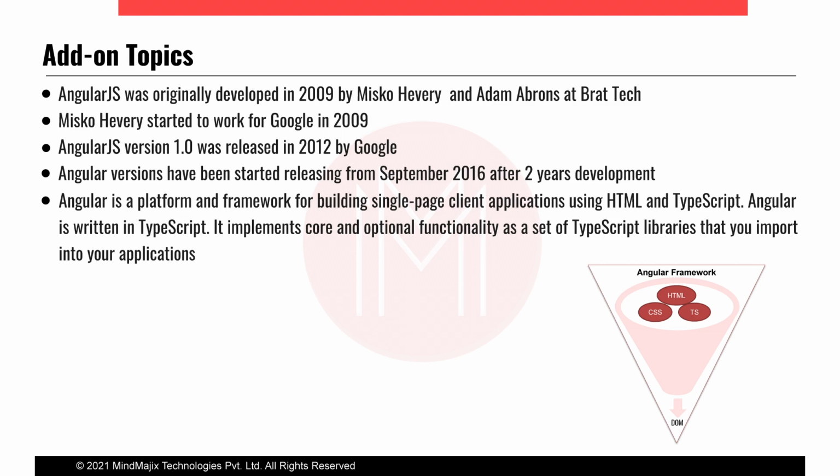Let me tell you the difference between technology, language, and framework. Technology is basically a group of languages. For example, I want to develop a front end, I mean, a web application. To develop that web application, we are supposed to use some languages which come under front end technology.